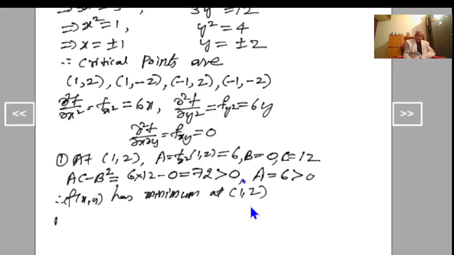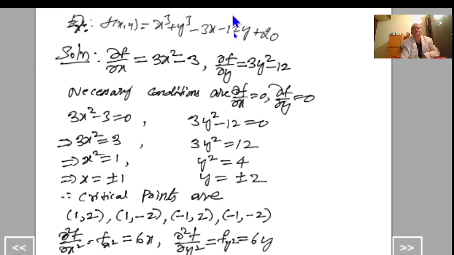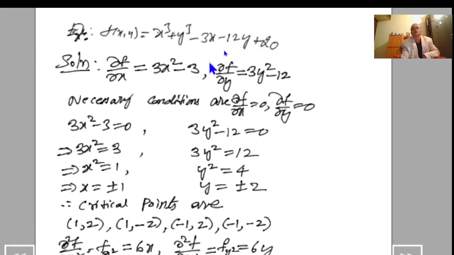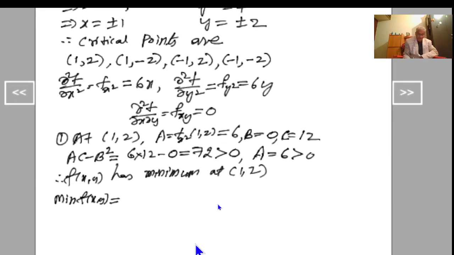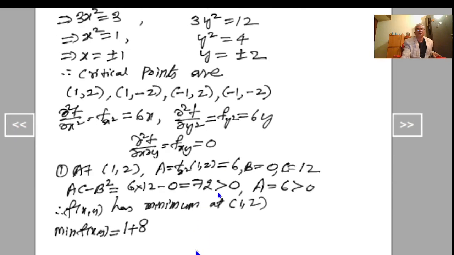The minimum of f of x comma y is obtained by substituting x equal to 1, y equal to 2 in the given equation: x cube plus y cube minus 3x minus 12y plus 20. 1 cube is 1, plus y cube, with y equal to 2, is 8.